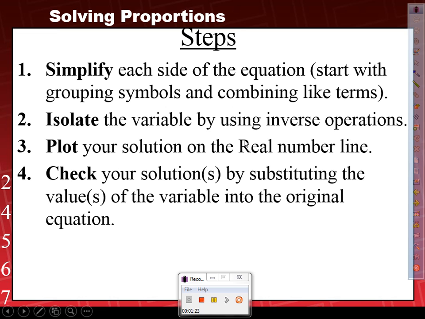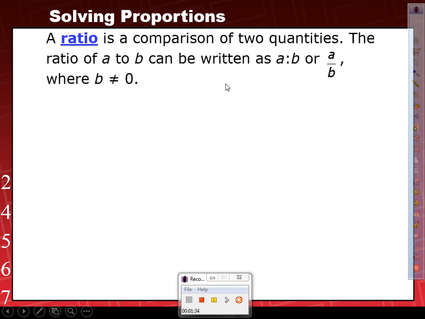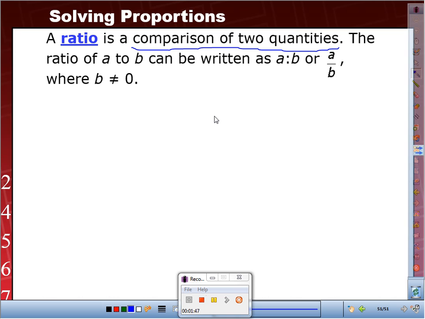On the Q side of your notes, write this down, please. Q side, I want you to write ratio, and for definition, only write what I underline. Ratio, comparison of 2 quantities. And then, as an example, you're going to write these that I box.